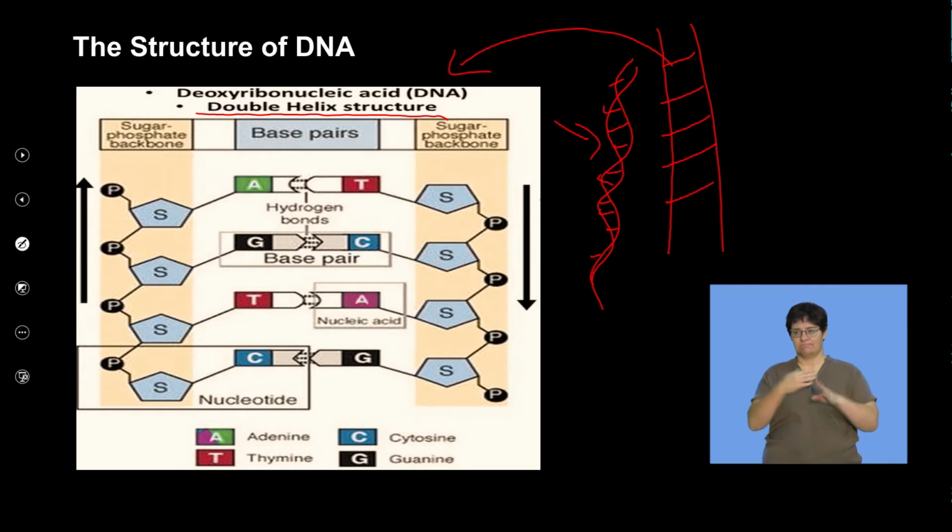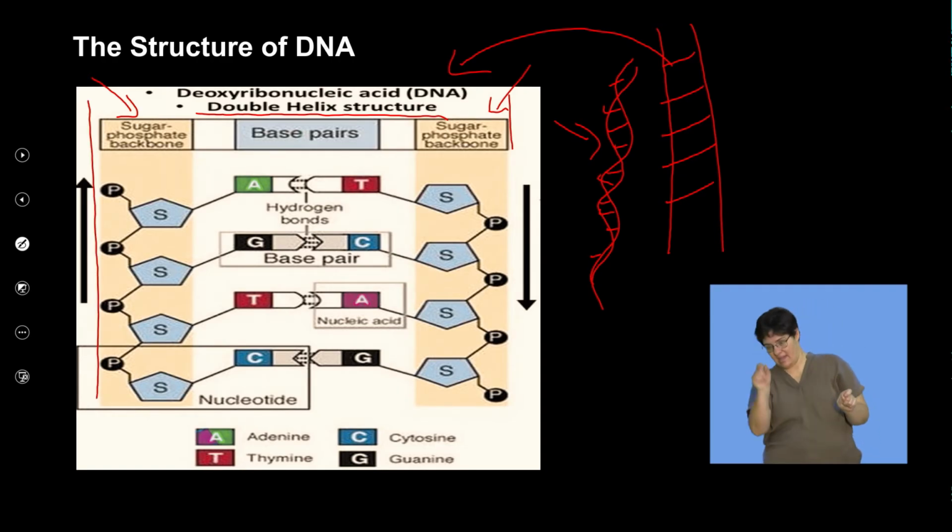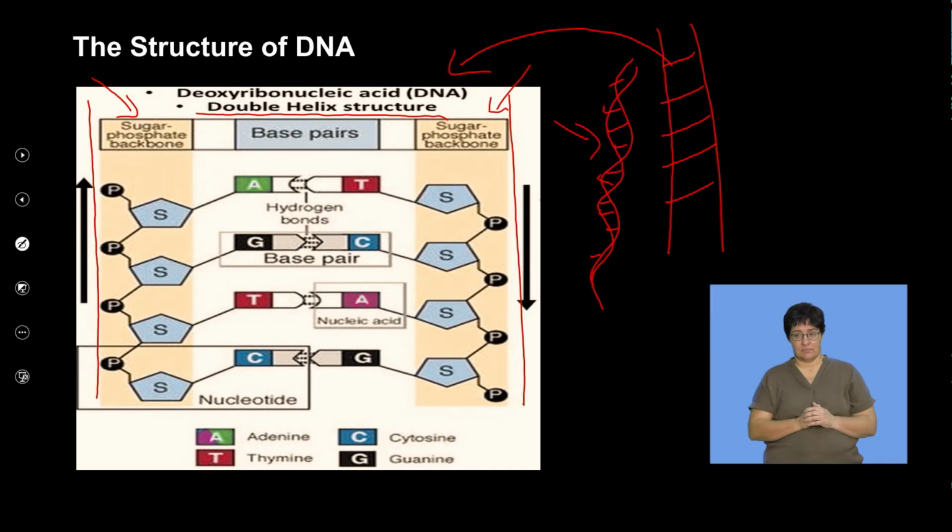It's double because it has two strands. On the one end, you see a sugar phosphate backbone. On the other end, you find a sugar phosphate backbone. So this is the one strand that we refer to, and this is the other strand we refer to. Both of these strands are held together by what we refer to as hydrogen bonds in between.